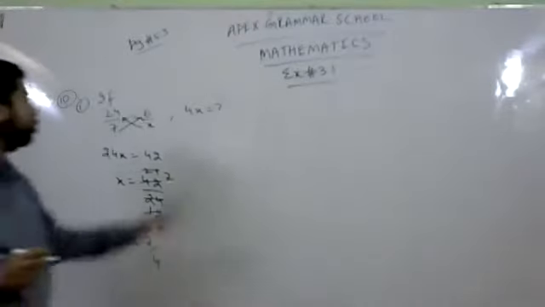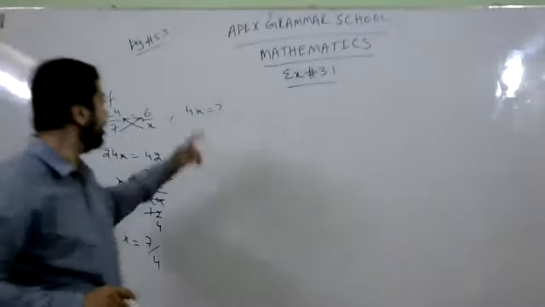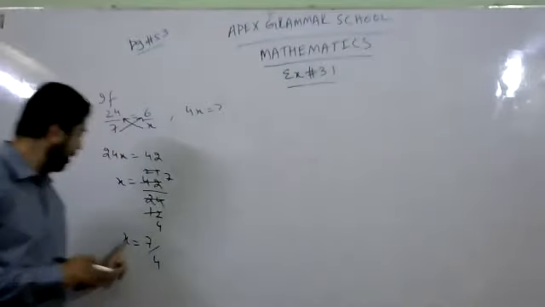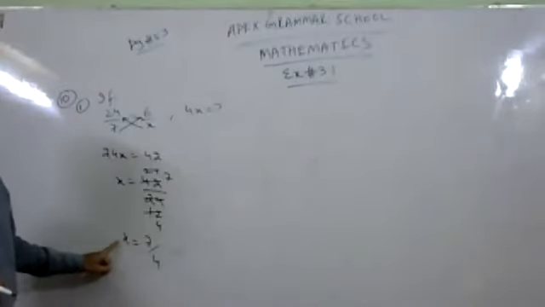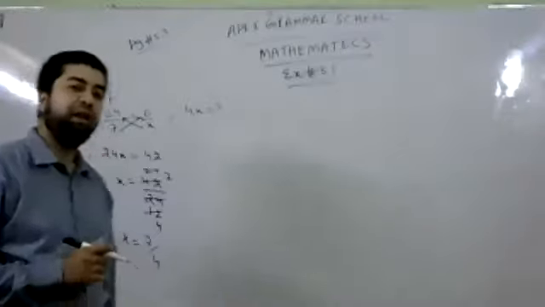Now, according to the given situation, we need to find the value of 4x. You can see that here x is multiplied with only 1, but we need x multiplied with 4.